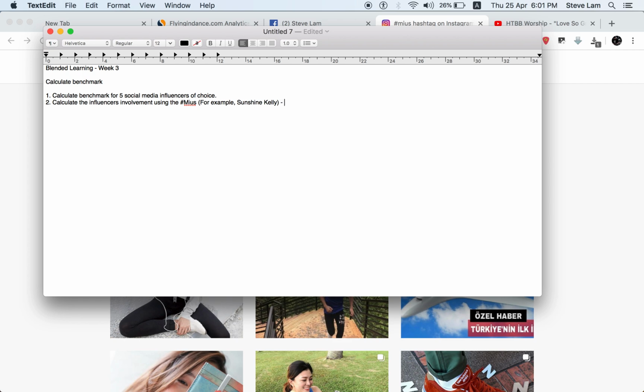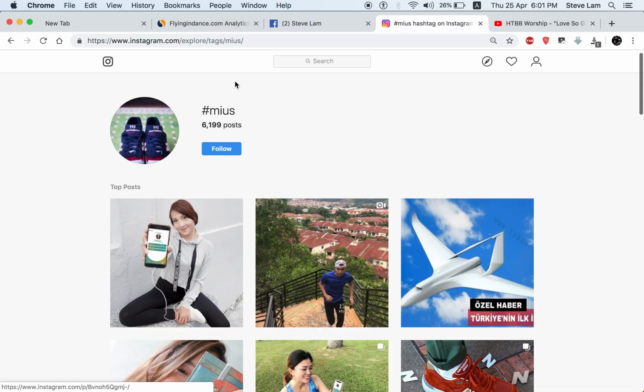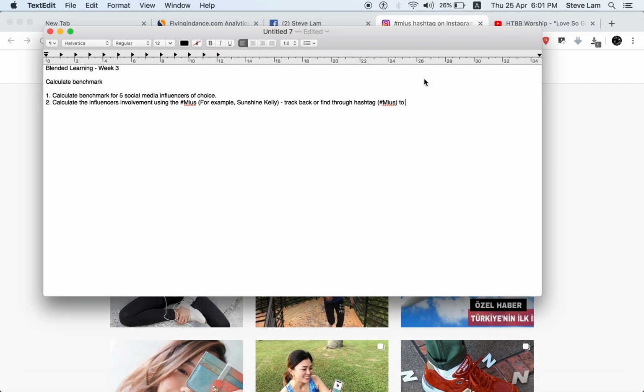You have to track back or find through the hashtag, which in this case is news, to find post 1, and then you calculate the benchmark from then.